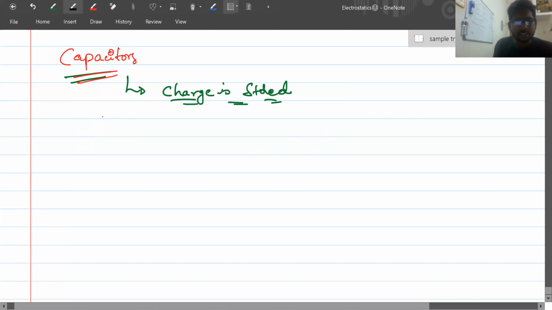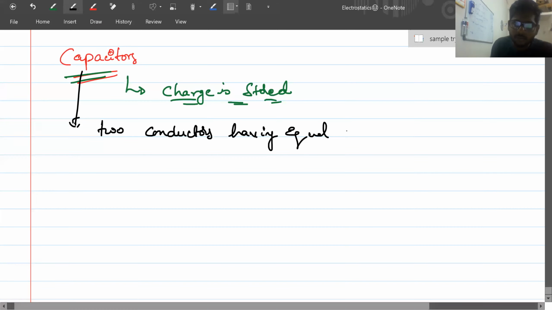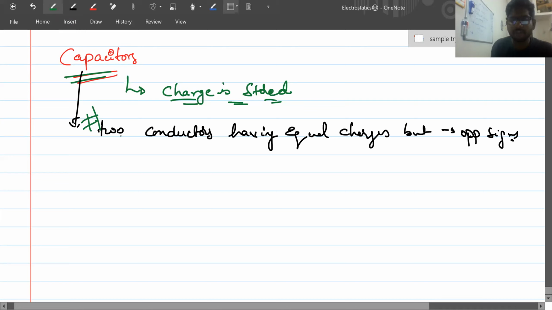So a capacitor is a combination of two conductors having equal charges but opposite signs. So why is this so? The capacitors we use just have two conductors having equal charges but opposite signs.